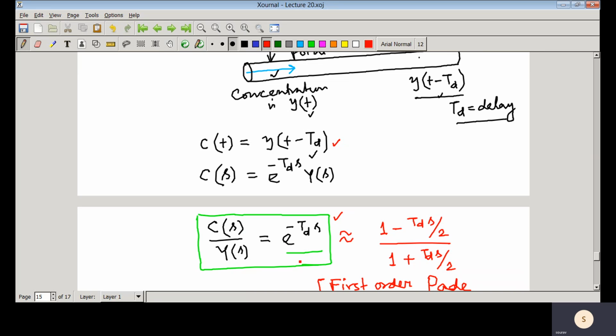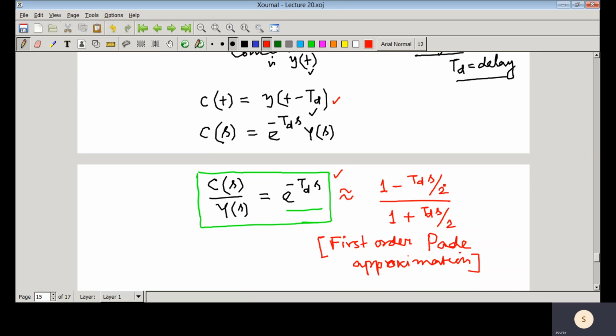And then we have seen that e to the power minus Td s is actually one infinite dimensional expression, that is 1 minus Td s plus (Td s) square by factorial 2, like that. This is actually one infinite series. This particular series can be approximated in first order, that is (1 minus Td s by 2) by (1 plus Td s by 2), and this approximation is called the first order Pade approximation.